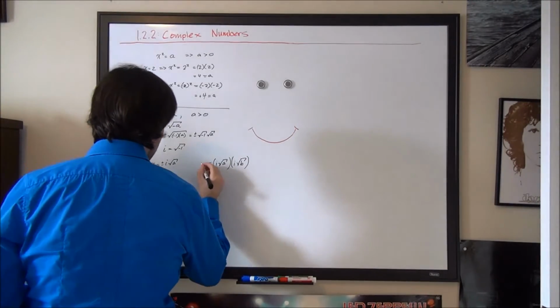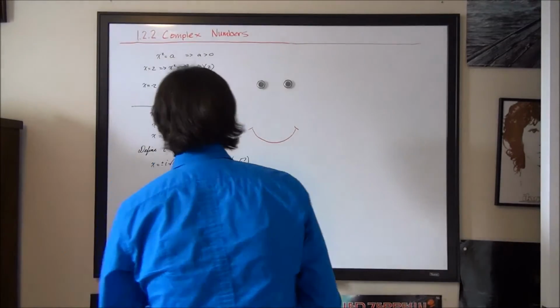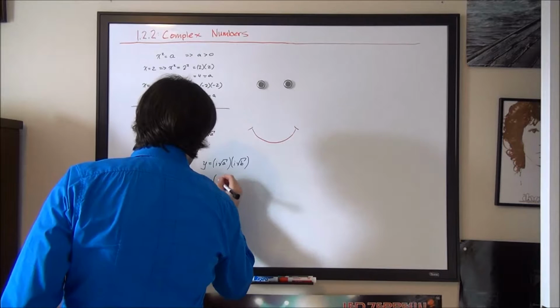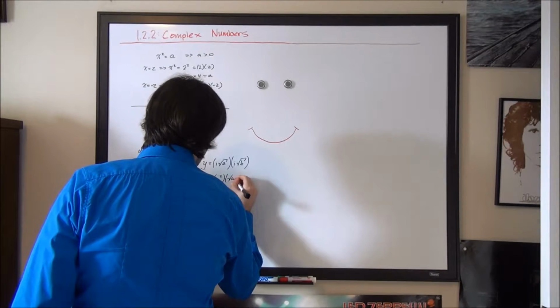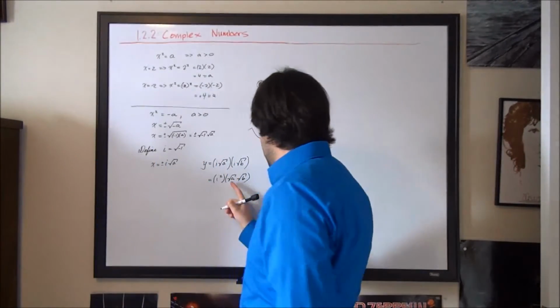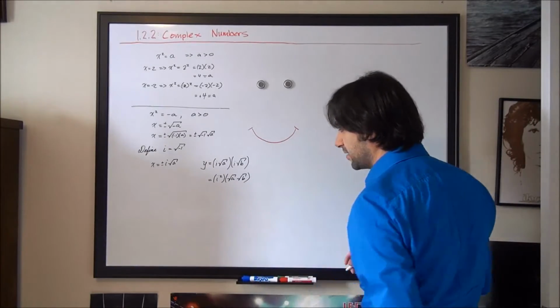I'm going to use y, because I don't want to confuse you. I've already said that x is equal to that. Well, this would give us i squared times root a times root b. a and b are real numbers, and you can plug that into your calculator and get an answer.